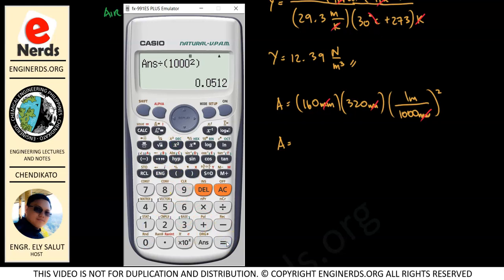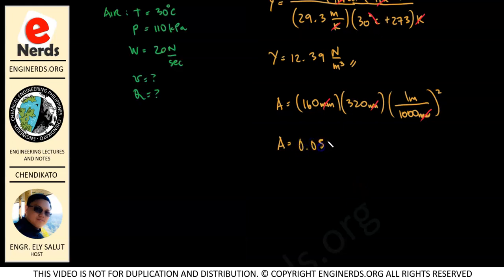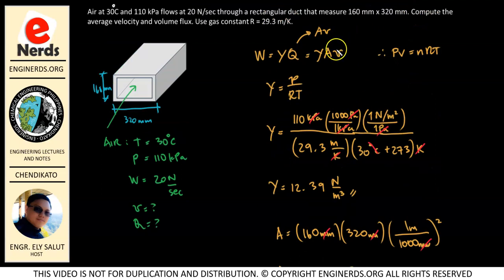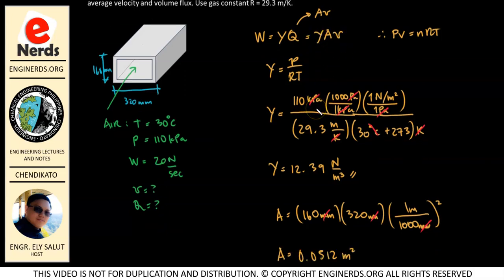So therefore, our area is equal to 0.0512 square meter. Okay, what we need to get is the velocity. We already know our W, our weight flow rate, which is 20 Newton per second. We already know the specific weight, and we know the area. So we can get our V.